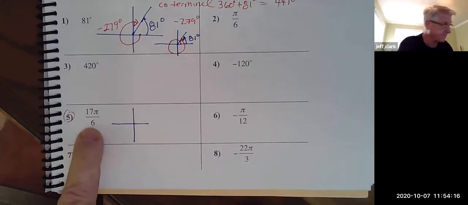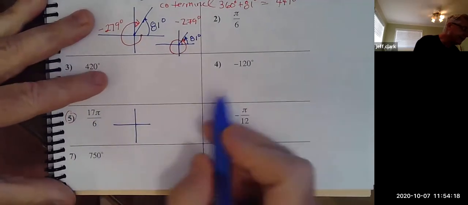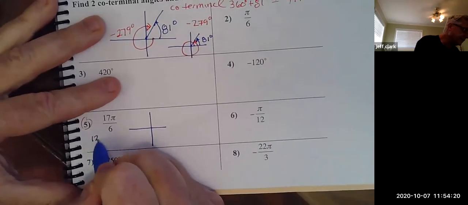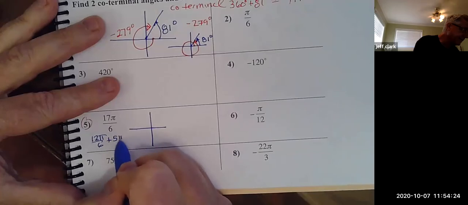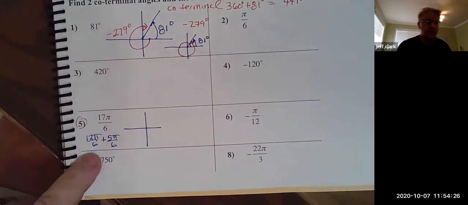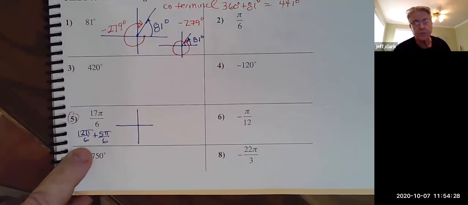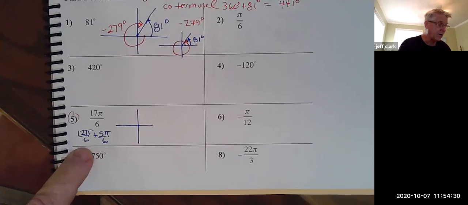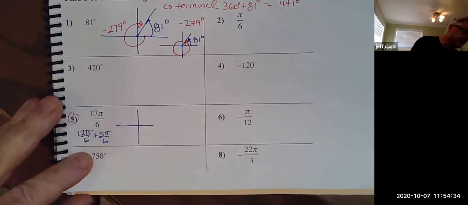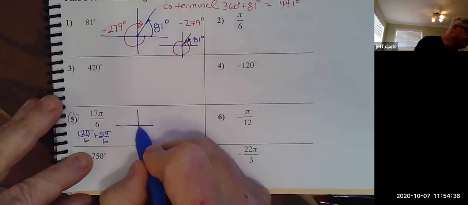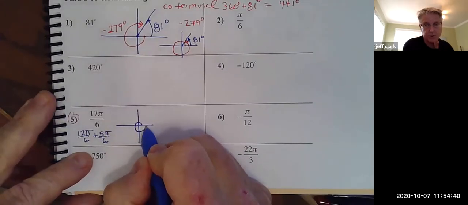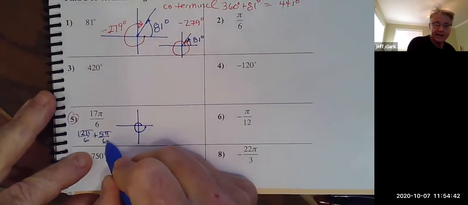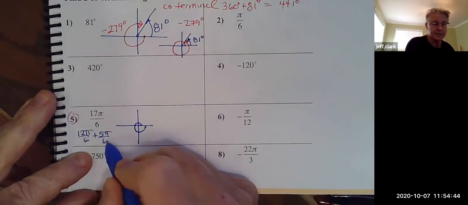So 17 pi over 6 is the same as 12 pi over 6 plus 5 pi over 6. 12 pi over 6 is 2 pi, which is 1 revolution all the way around. So you would go like this. That's 12 pi over 6, or 2 pi. Then I have to stop at 5 pi over 6.